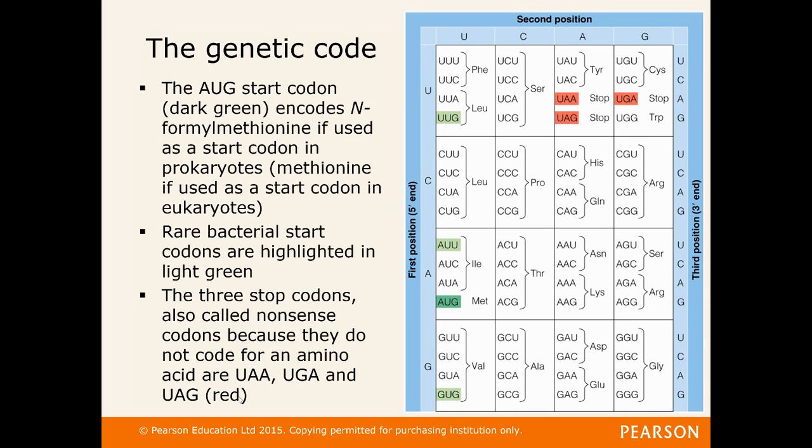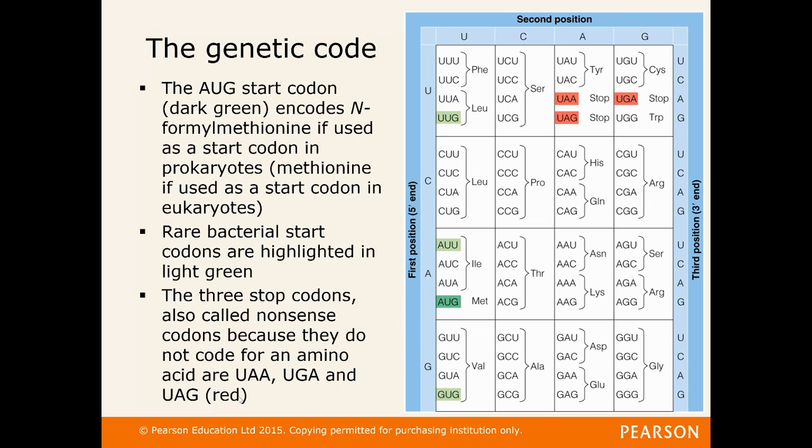And that codes for methionine. And that's the starting amino acid. That's the start codon in eukaryotes. And then there are the stop codons. They're also called nonsense codons because they don't code. They'll allow for the amino acid process to lengthen the chain to stop.